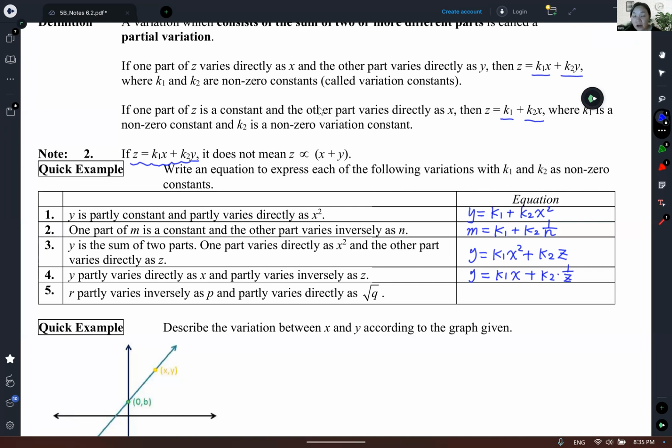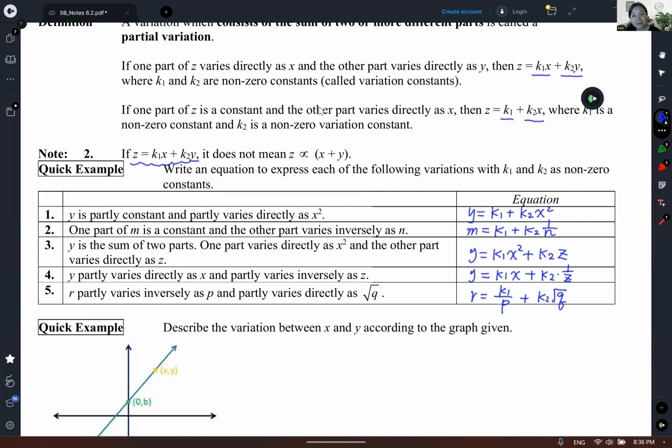Number 5, R partly varies inversely as P and partly varies directly as the square root of Q. So R partly varies inversely as P and partly varies directly as the square root of Q. Do you know what I mean?